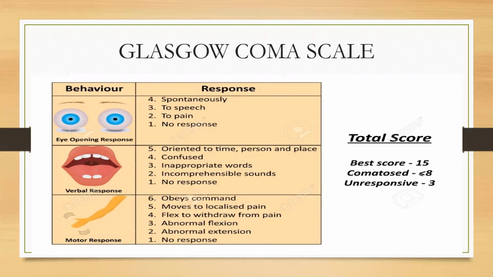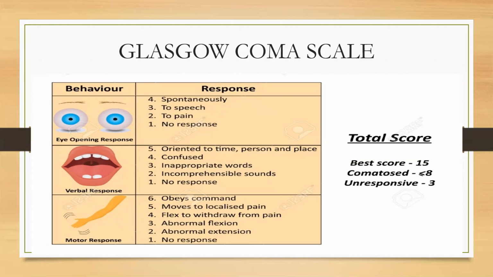Next is the Glasgow coma scale. This scale is very important in patients with head trauma for assessment of consciousness and orientation. In this scale, we use 3 points: eye opening response, verbal response, and motor response. Total score is 15.